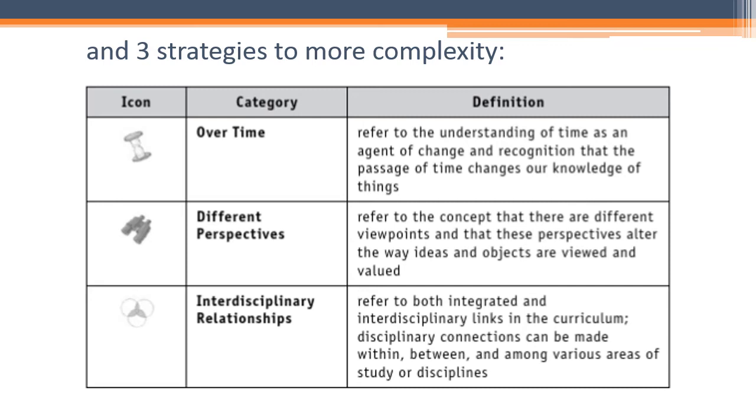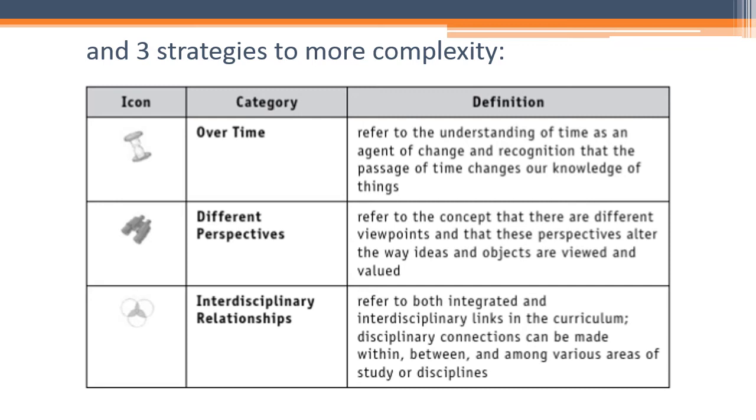Now we have come to the three strategies for more complexity. The eight from earlier are strategies for bringing the gifted learner to greater depth. Now, strategies for complexity. As I said a while ago, complexity refers to the interconnectedness of your topic to other disciplines.